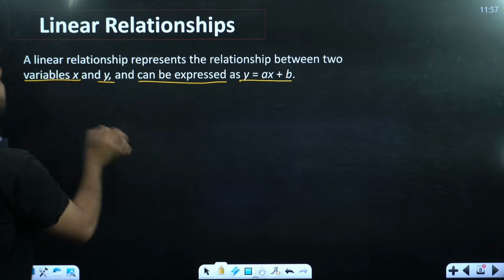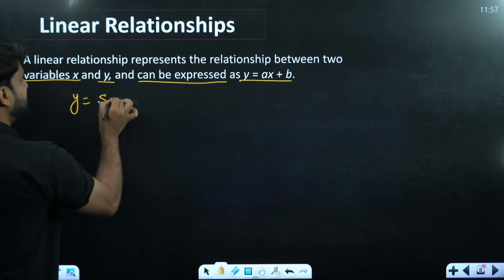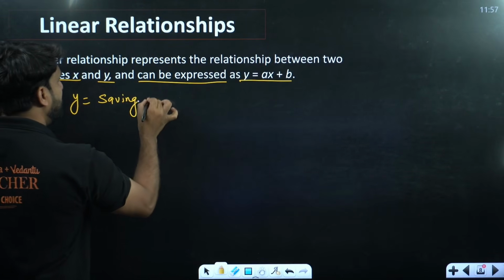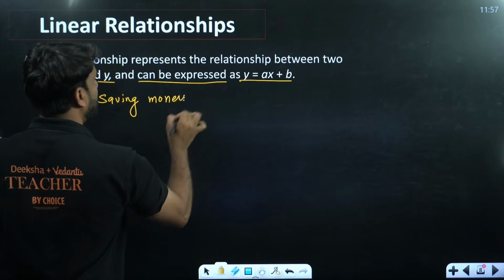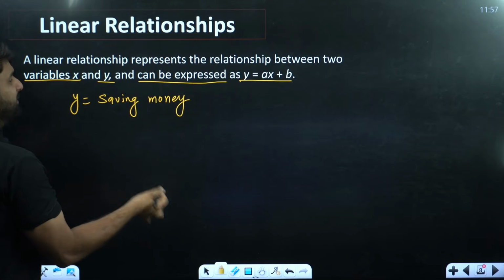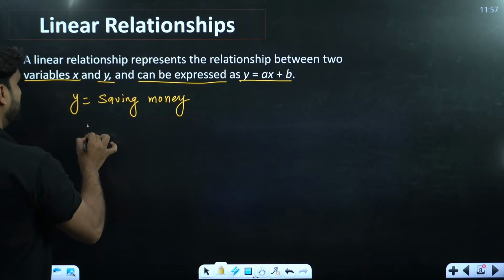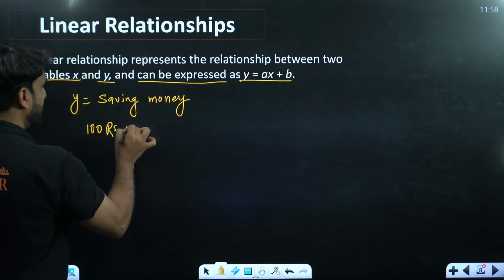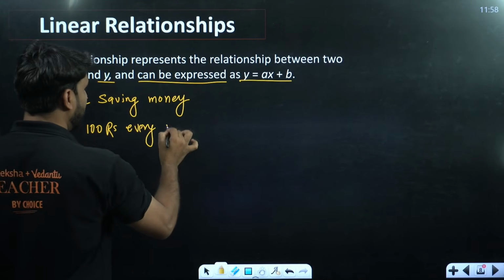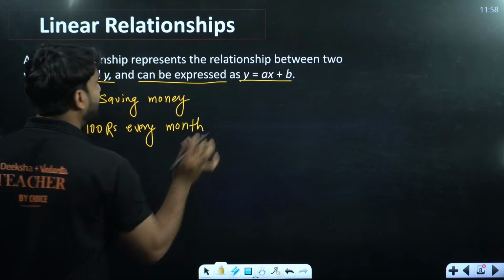Very good. For example, if I take y as saving money, and I'm saving 100 rupees every month. So there are two variables.